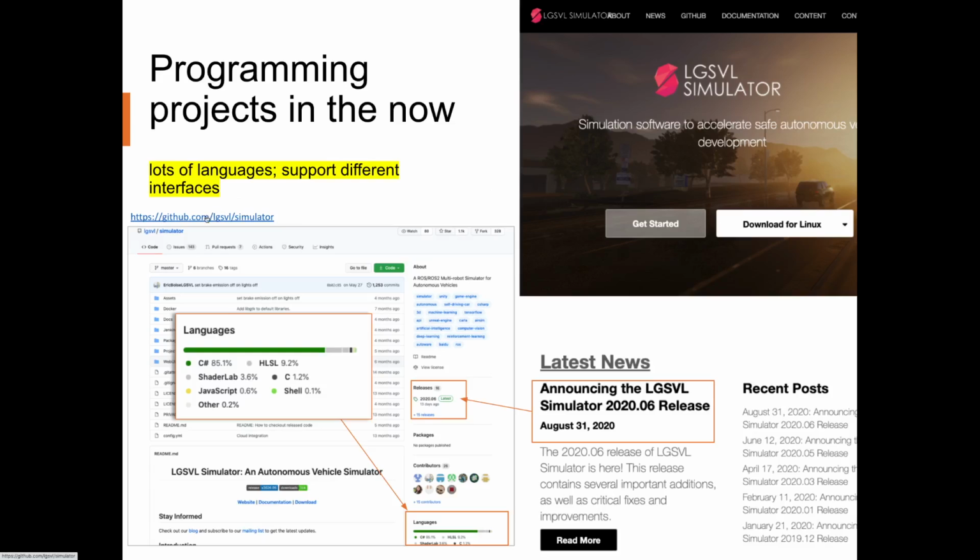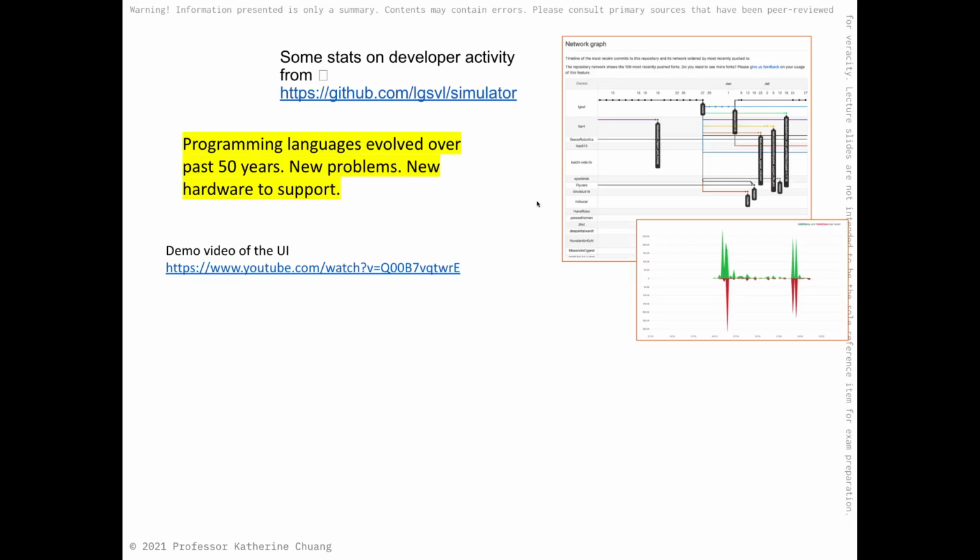I think this website, if you go into it somewhere, is going to allow you to preview the demo. Looking at the contributors statistics from the GitHub page, you could see there's a lot of different people contributing to this open source project.